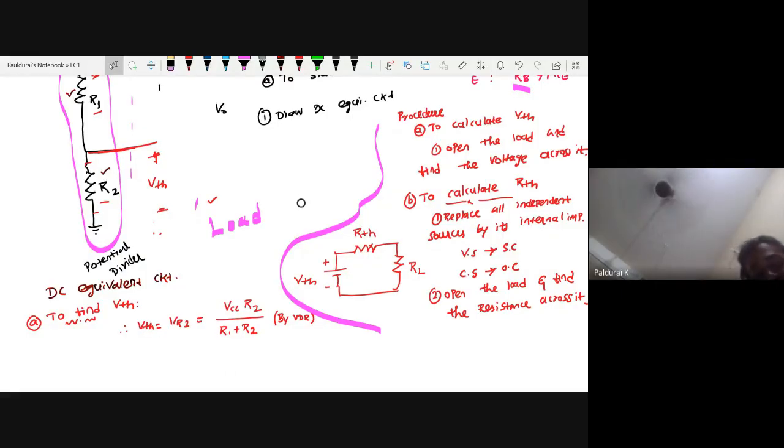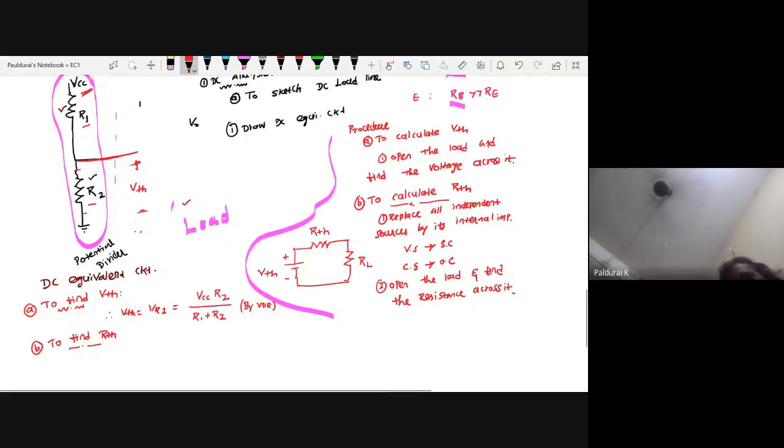So now how will you find RTH? To find RTH, what is the procedure? You want to replace voltage by short circuit, right? So can I replace this voltage source by short circuit? Short circuit na enna?